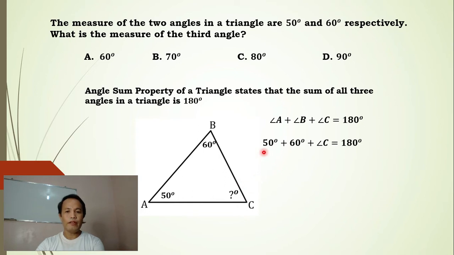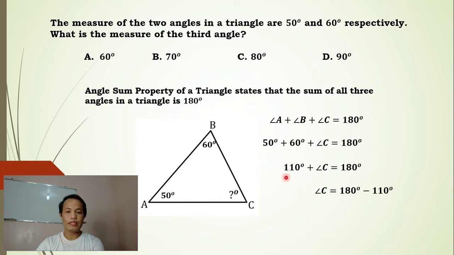So we add 50 degrees plus 60 degrees, which sums up to 110 degrees. So we copy plus angle C equals 180 degrees. By the subtraction property of equality, we subtract 110 degrees here, and since this is an equation, we also subtract 110 degrees at the right side of the equation.